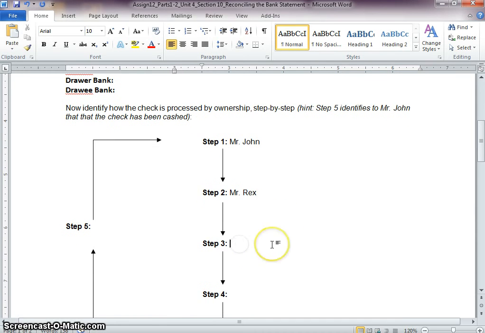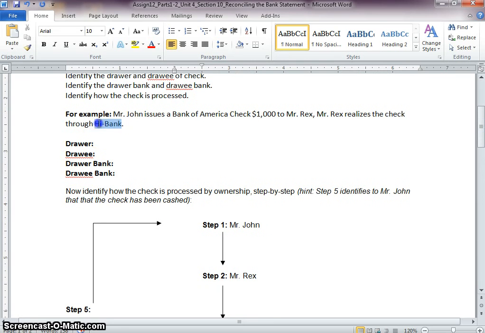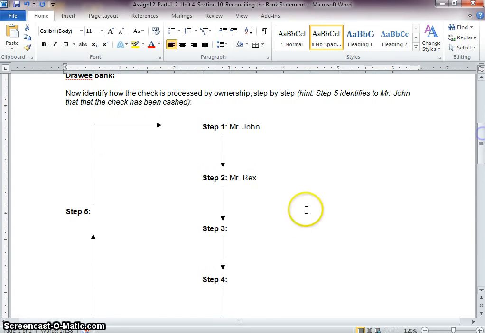And then step three, Mr. Rex is going to take that check to his bank, which we saw in our scenario is High Bank. So step three, Mr. Rex, after he accepted the check from Mr. John, takes it to his bank.